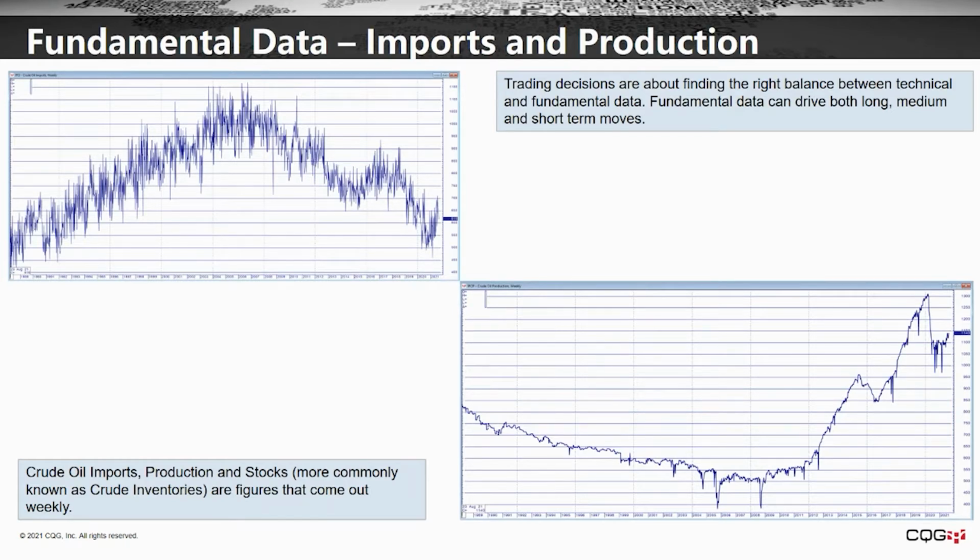On a more traditional note, let's look at the imports, production, and stocks data, or as it's commonly known, the inventories. Both series are interesting on the long-term basis. The production figures displayed at the bottom right have a meaningful impact, but would usually move the market when the figures are showing a strong deviation or a strong reversal.